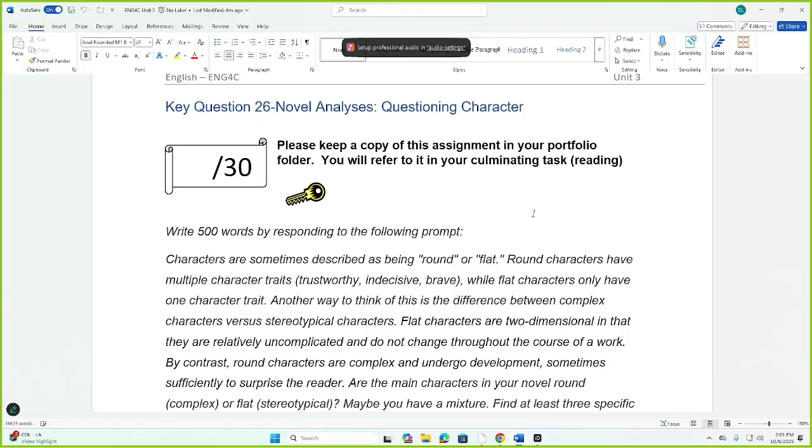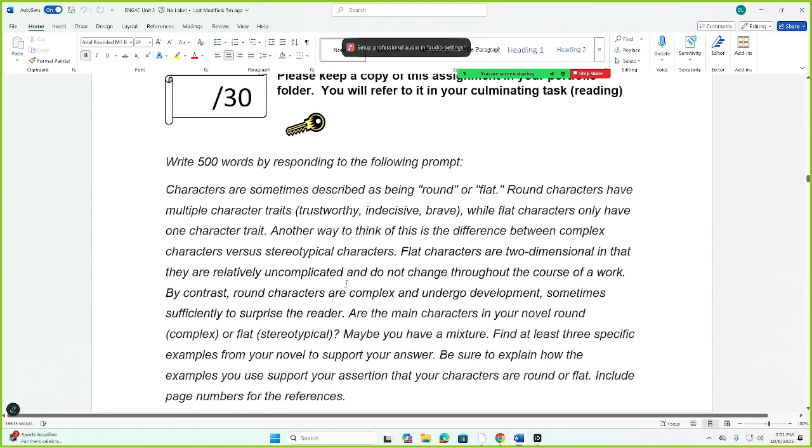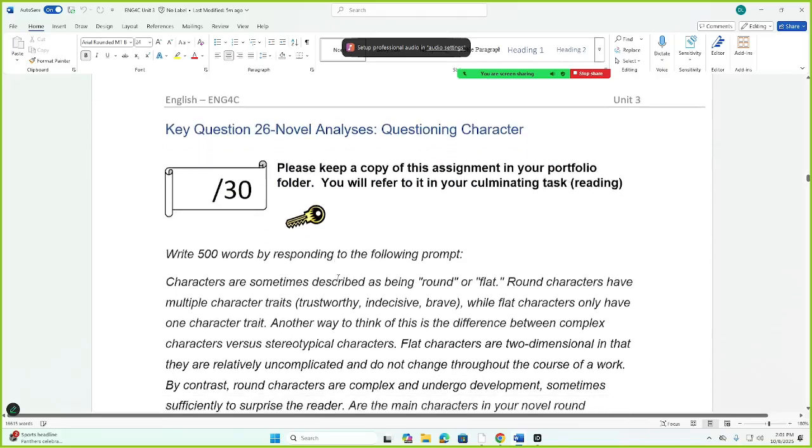Yesterday, we discussed key question 26C, novel analysis, questioning character. We did go into a little more detail than is asked in the key question, which is on page 28.